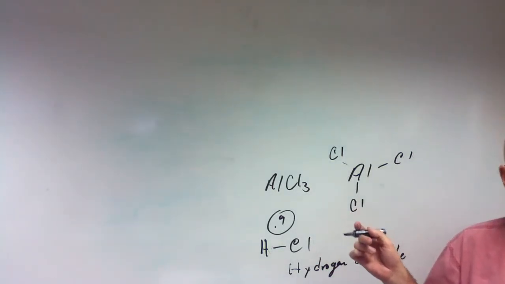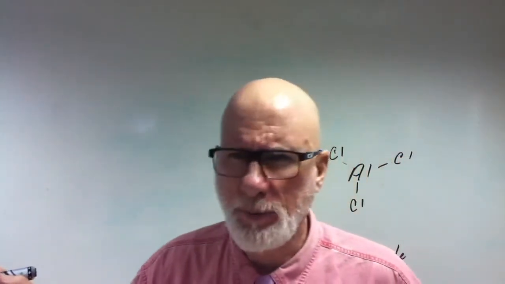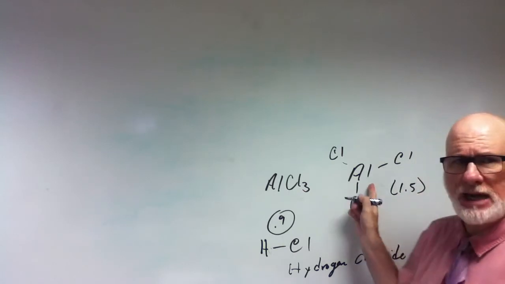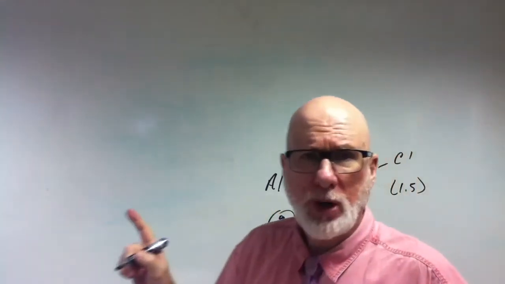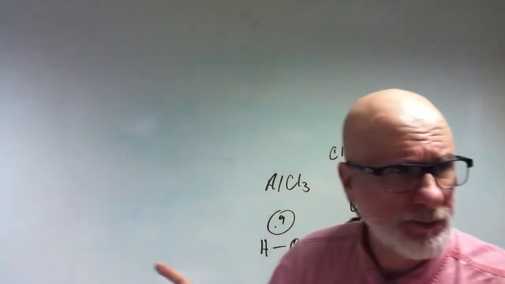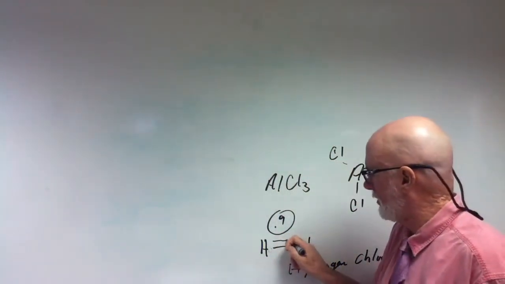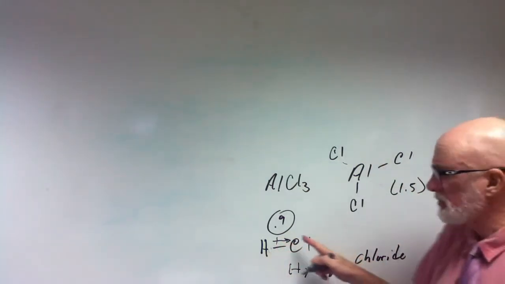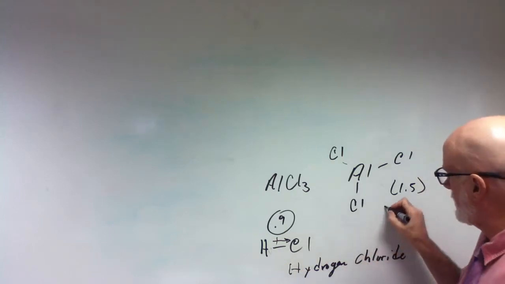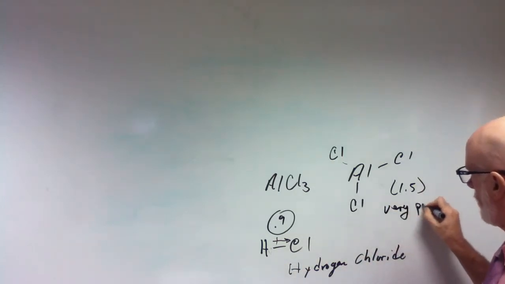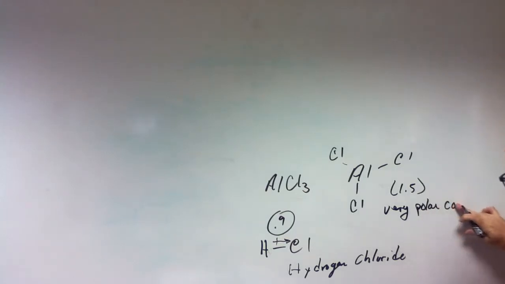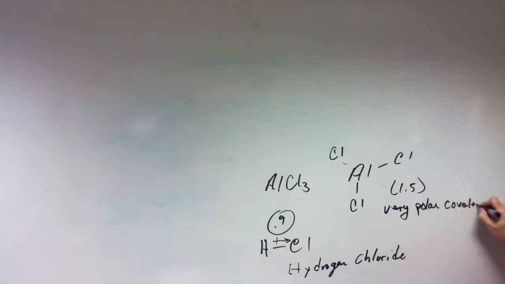Aluminum, what's aluminum? 1.5. So it would be a 1.5 difference. So if we're saying that hydrogen chloride is polar covalent, this is very polar covalent, right? Because we know we have a shift here, right? Correct?